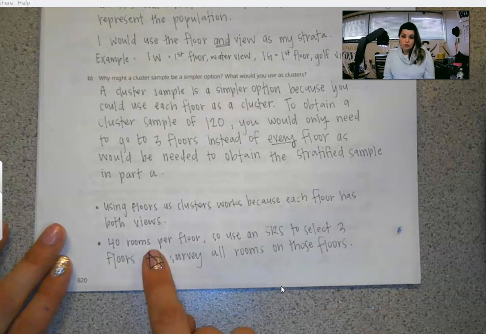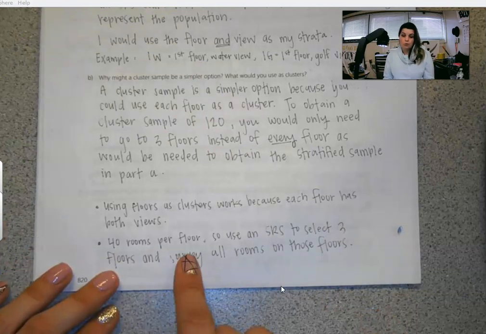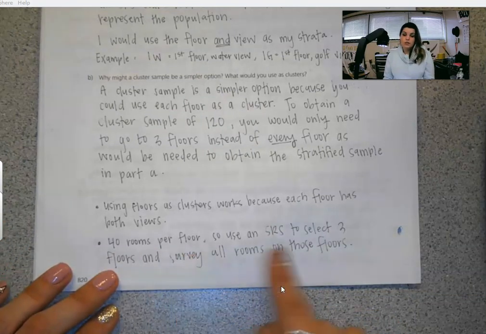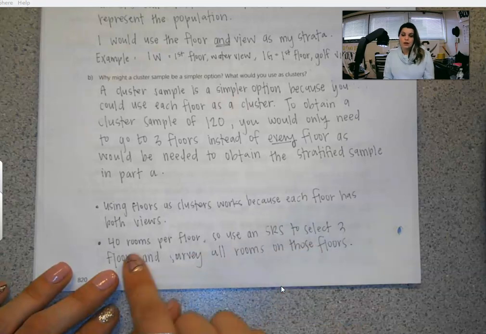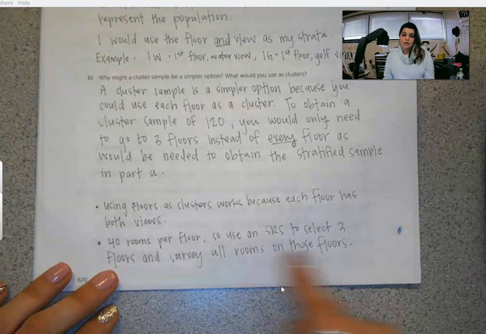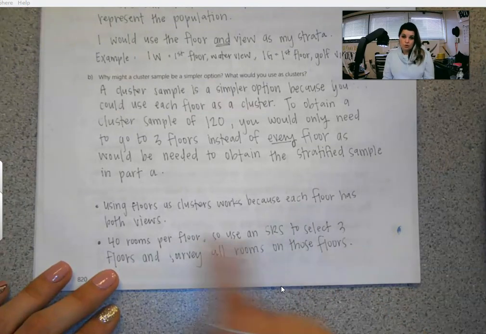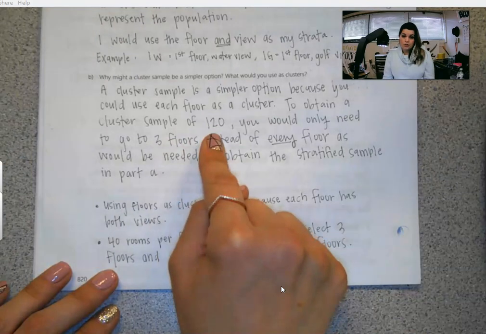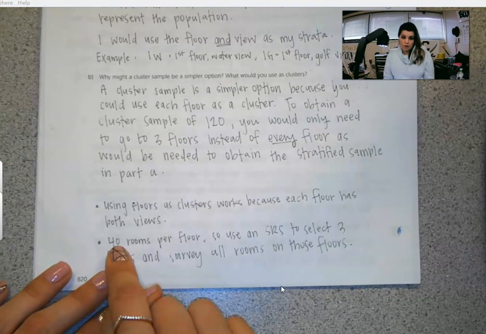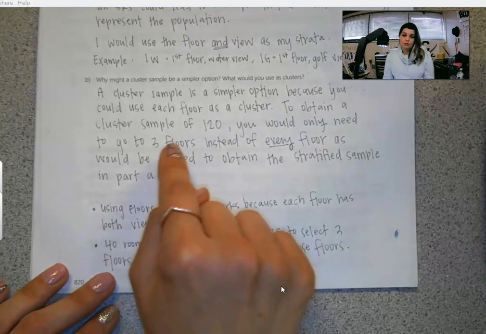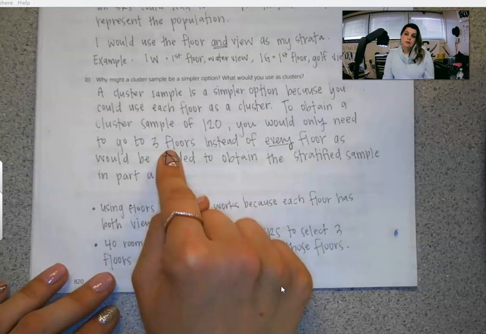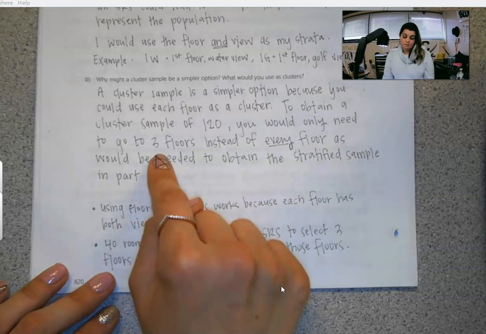And 2, if there are 40 rooms per floor, we would use an SRS to select 3 floors and survey all rooms on those floors. So if I need 120 rooms in my sample, and there are 40 per floor, that means that I need 3 floors in my sample.